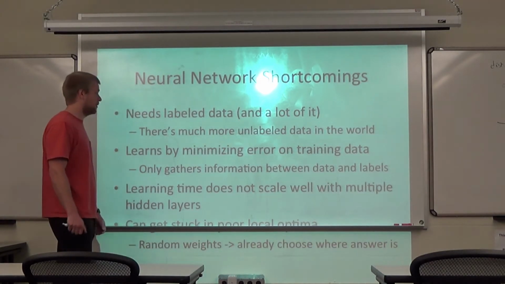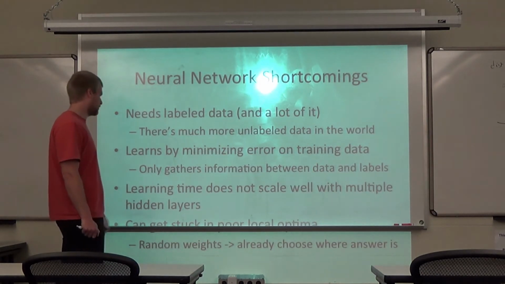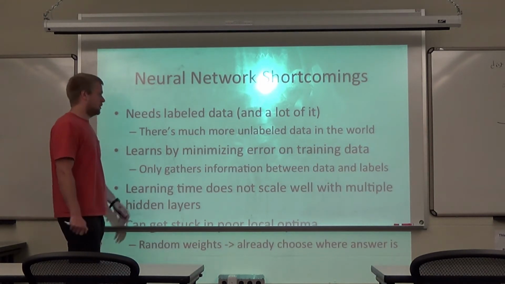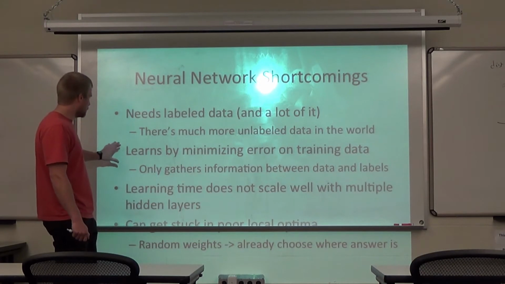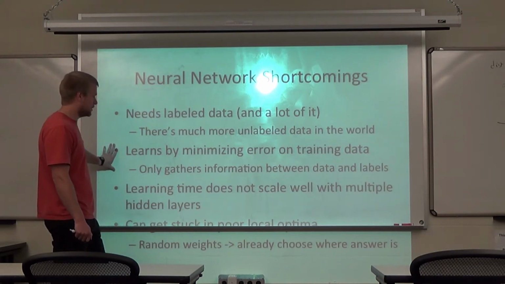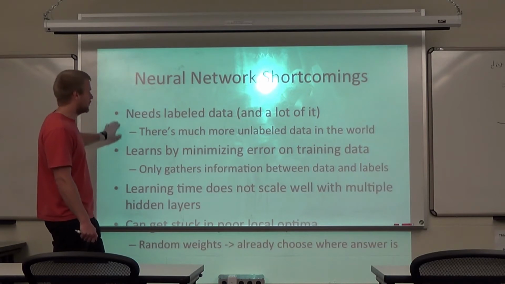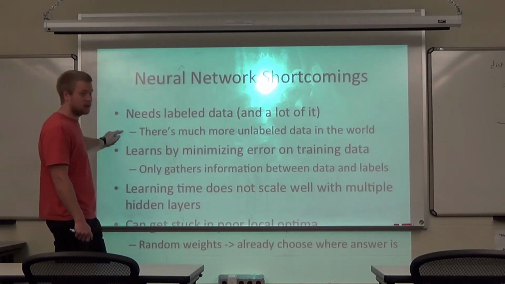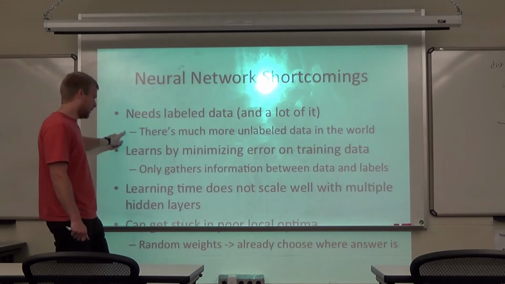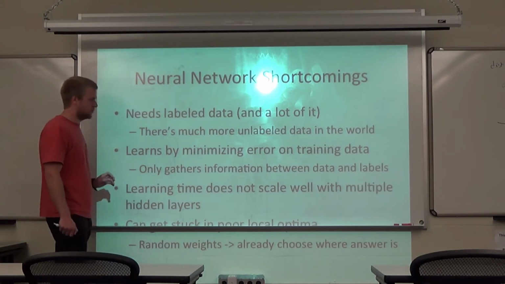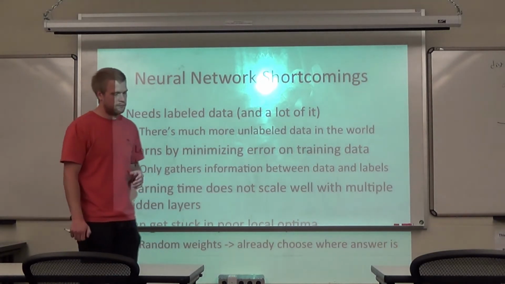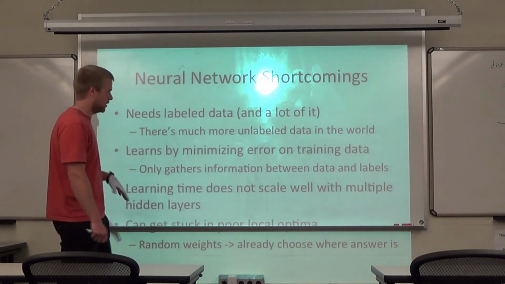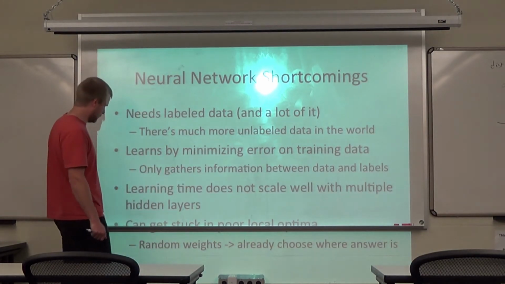So we're now going to talk about restricted Boltzmann machines and deep belief networks, which will have a different learning objective, which will allow them to learn from unlabeled data, and they will use a greedy training algorithm, which allows them to scale to multiple layers very easily.